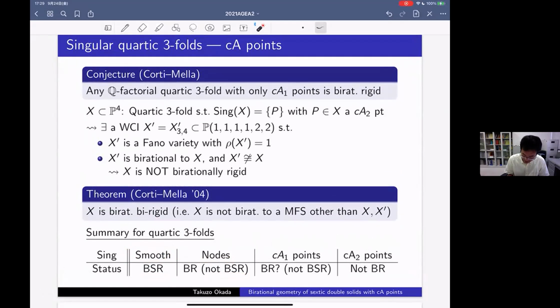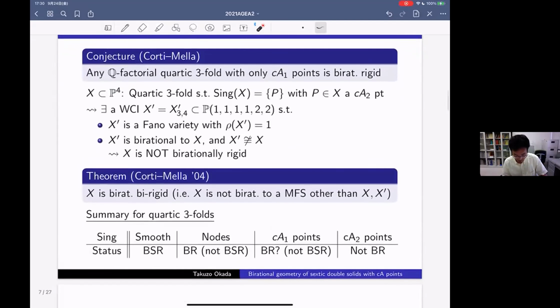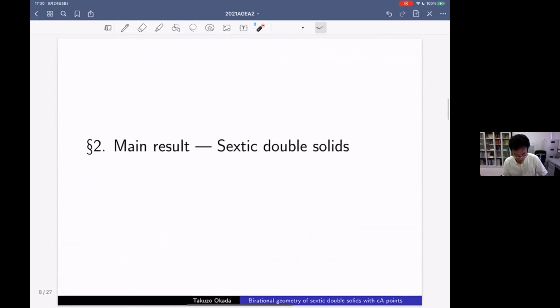And okay, if it has CA1 points, then it is also not birationally superrigid, but it is conjectured to be birationally rigid. And if it has worse singularity, a CA2 point, it is not birationally rigid. So yes, we have this kind of situation. So okay, this is the introduction of this talk.